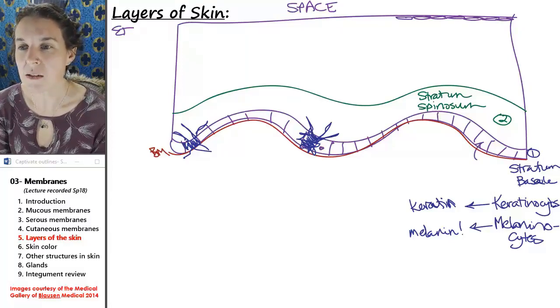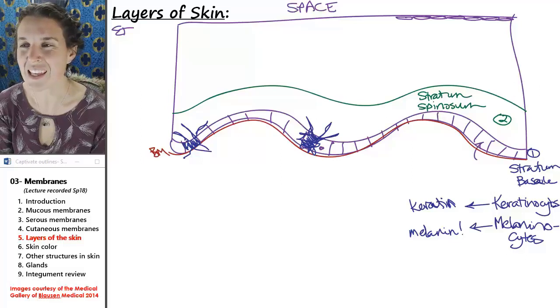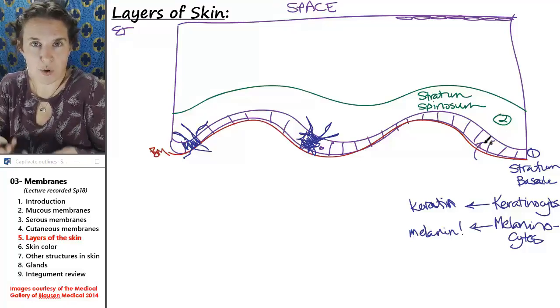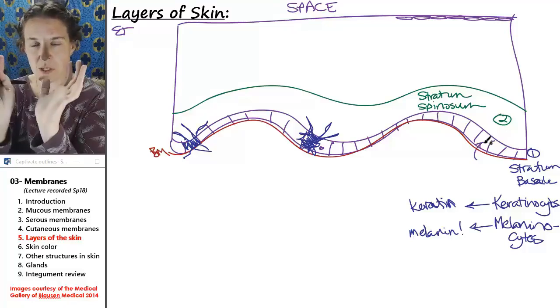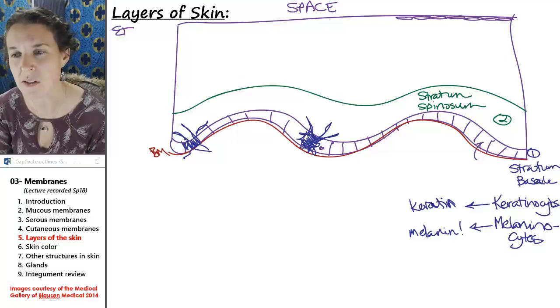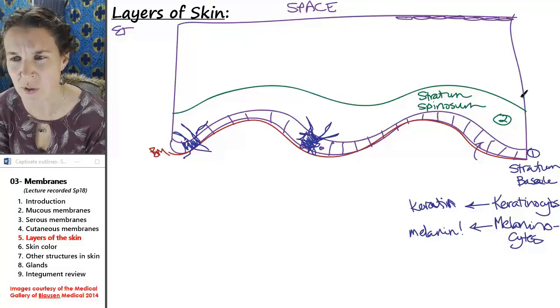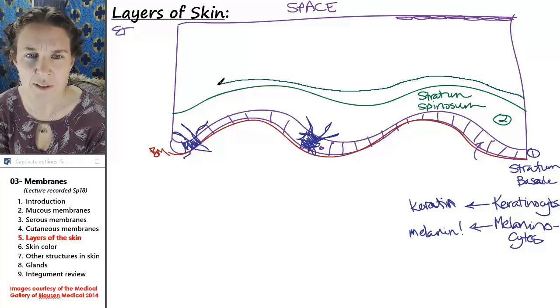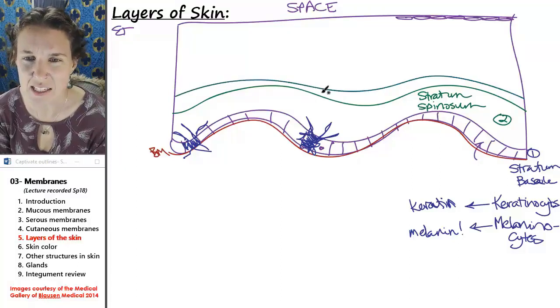Again, this happens organically because stratum basale is still producing more cells that get pushed up into stratum spinosum, and those cells eventually mature and turn into another layer, and this layer is stratum granulosum.